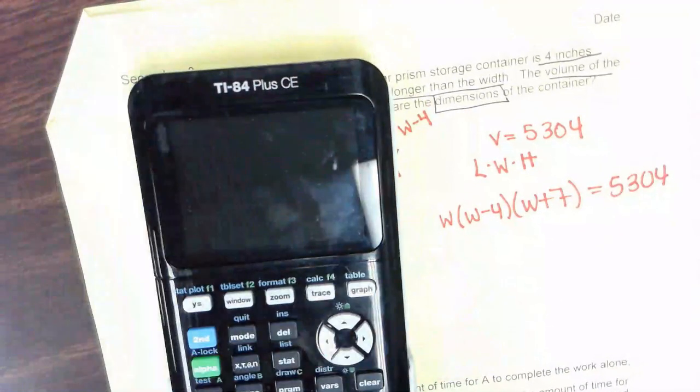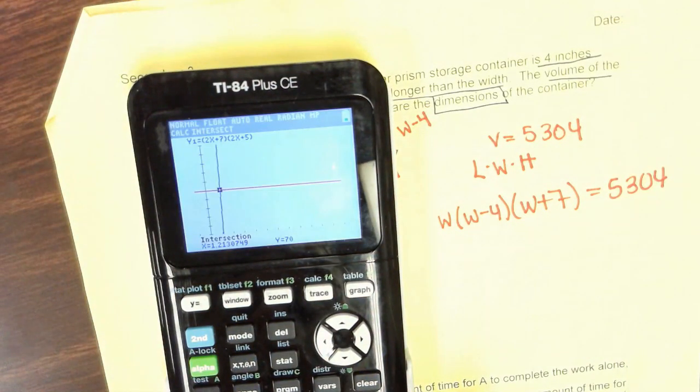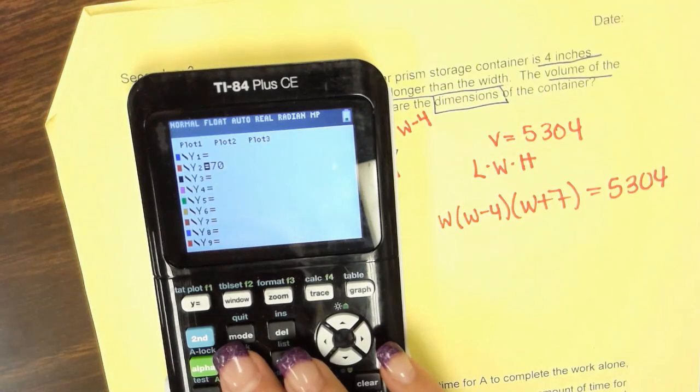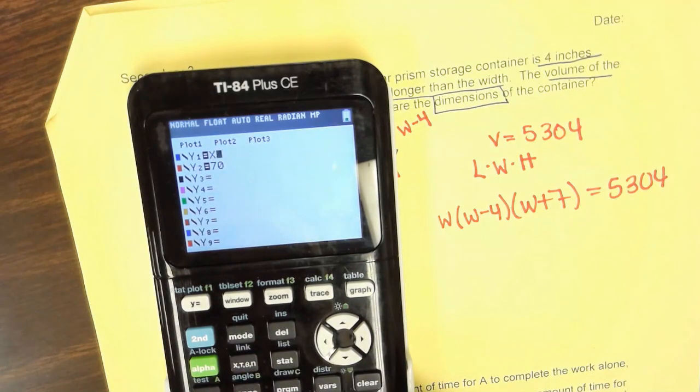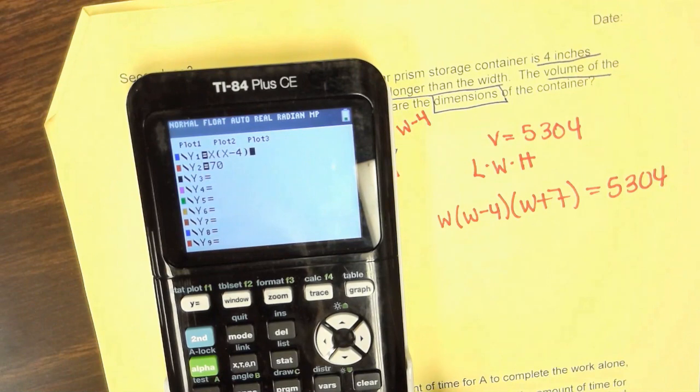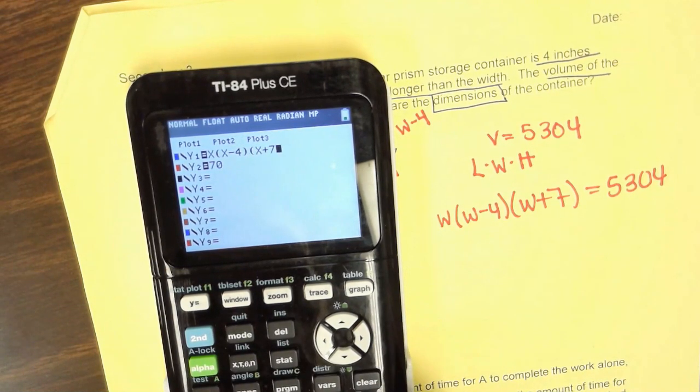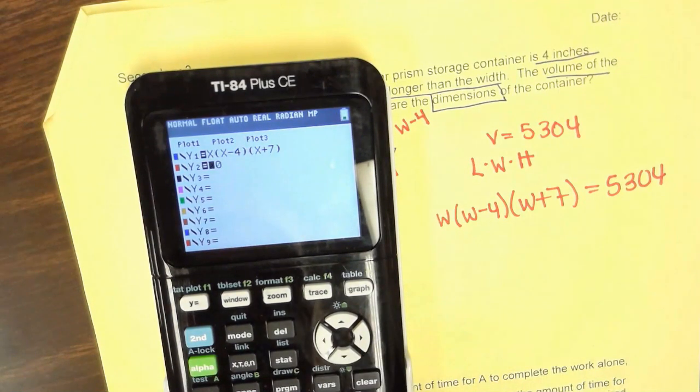Alright, ready? Let's get into our graphing calculator. Let's go to y equals. I'm going to put in x instead of w, guys, because usually if you put in another variable, it won't work. So change those into x's. X plus 7. And then we have 5,304.